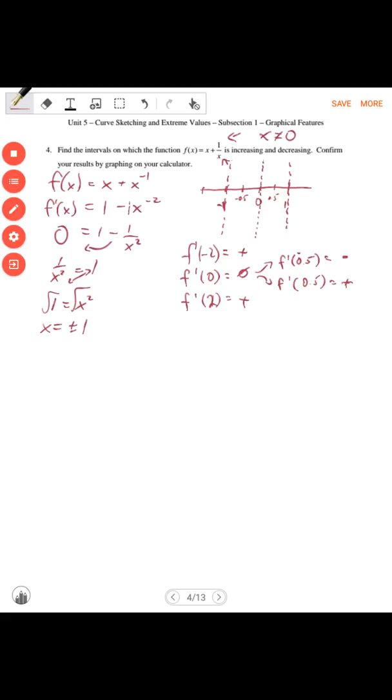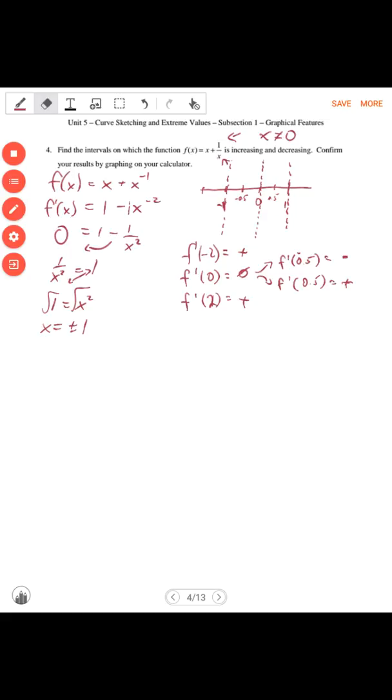Sorry, guys, I just want to check my numbers here on these 0.5s, because I just want to double check. Always a good thing. All right, so let's see. 1 minus 1 over 0.5 squared. 0.5 squared is 0.25.